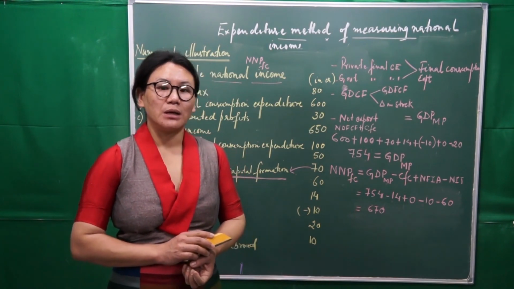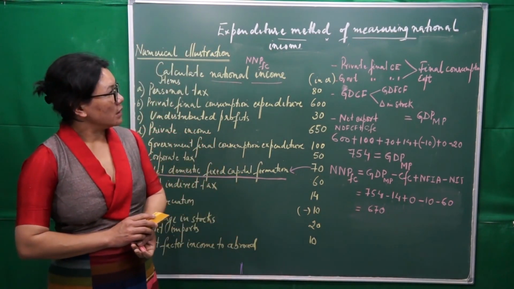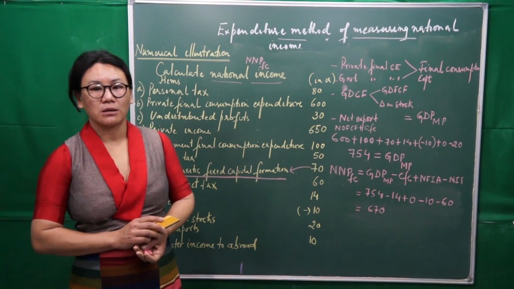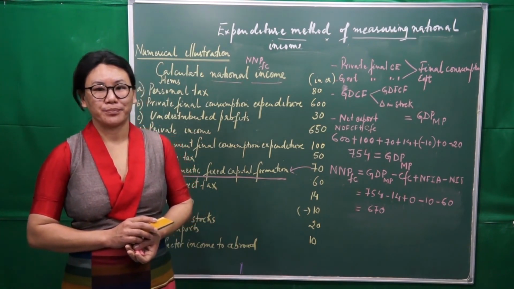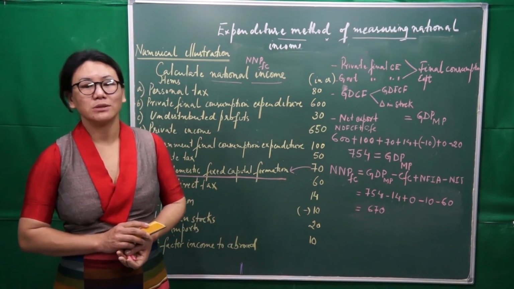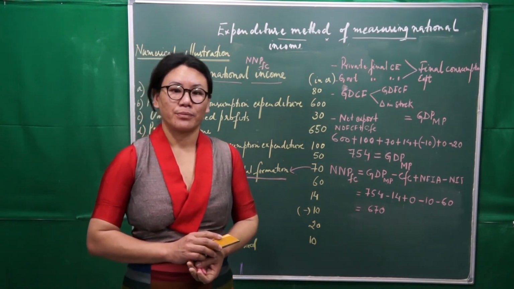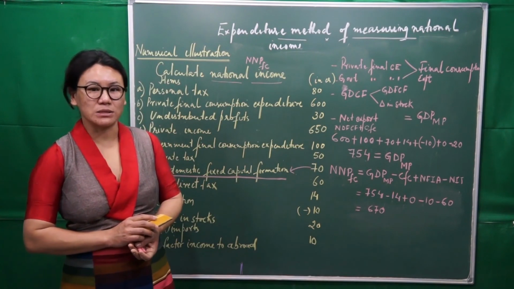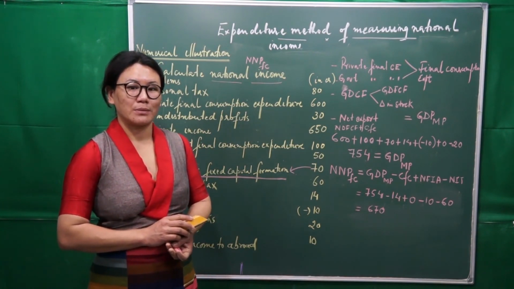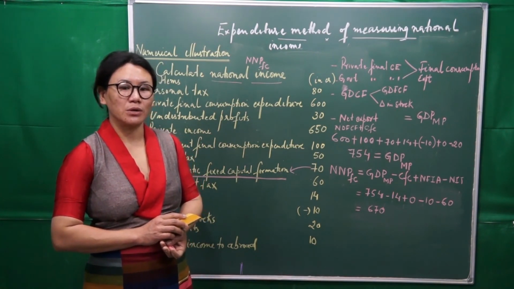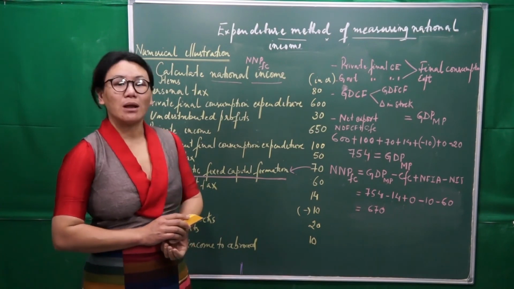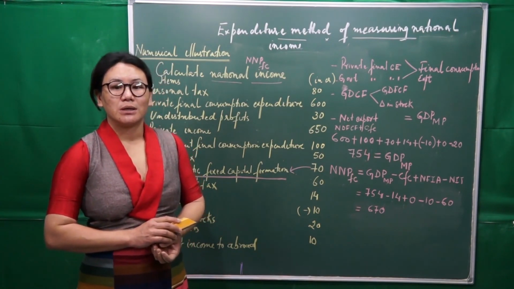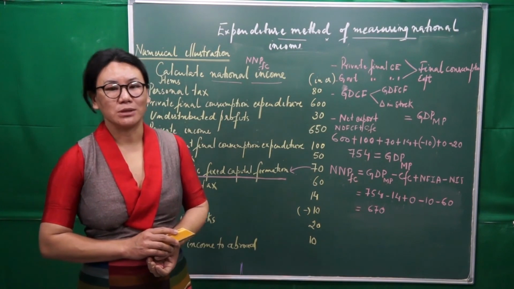Is that clear? And one thing, when you are calculating numerical problems under all the three methods, you will be getting the same answer. Is that clear? Okay. So this is all about the three methods of measuring national income.